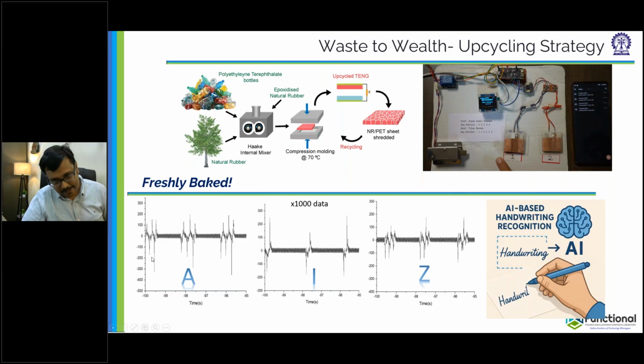When you write on this self-powered material we have developed, for the letter A you get a certain signal. If I take I, it is distinctly different. And if I take Z, it is again very distinctly different. So we repeated more than 1,000 times for one user, and that way we have a data set for multiple users.